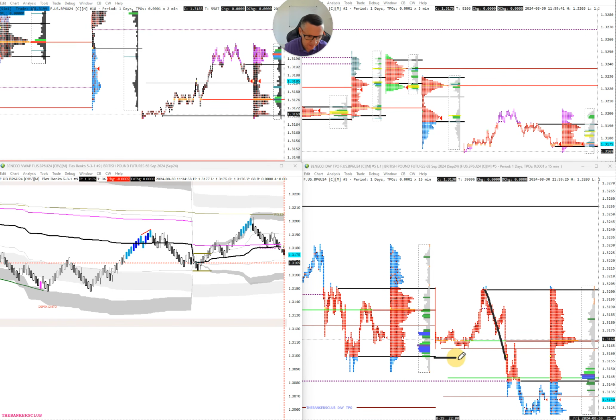So this is the value area low, and this here is the VWAP, which is this area here. Retrace a little bit and then tested the other side of value, and then finally broke out, but I wasn't bothered about that because my day was done after I'd done that trade from here.